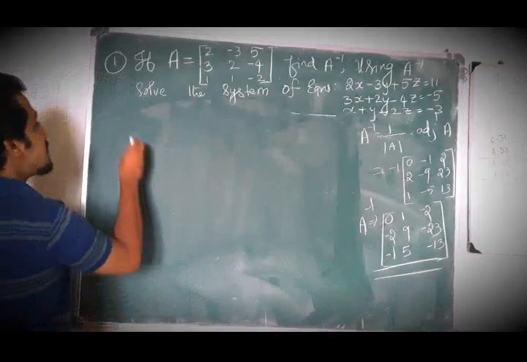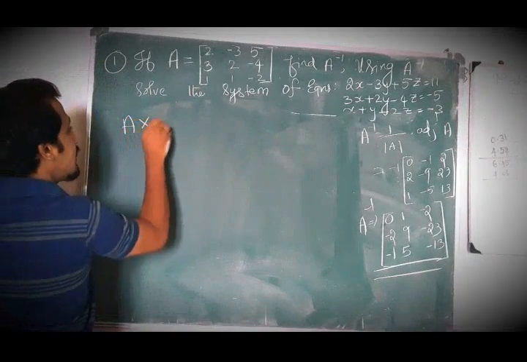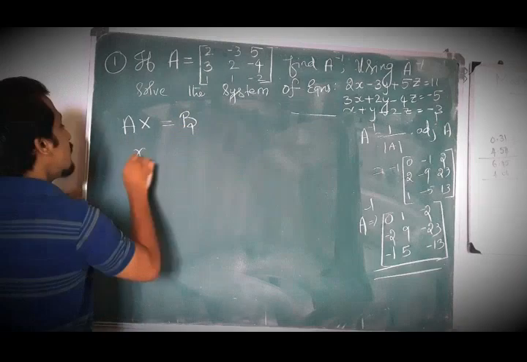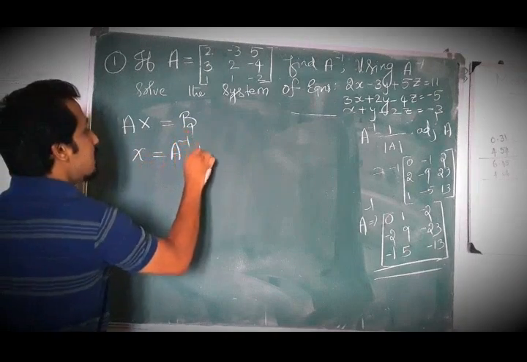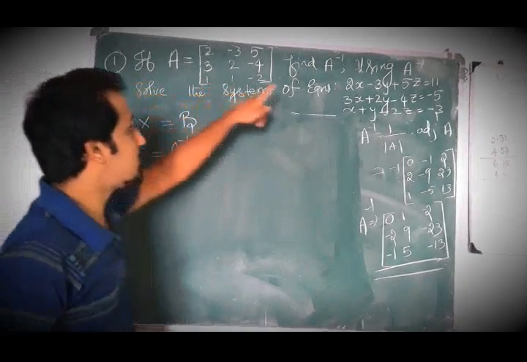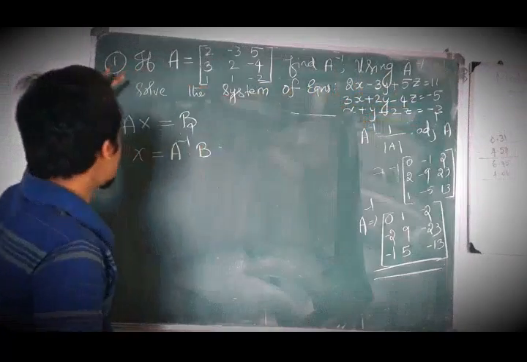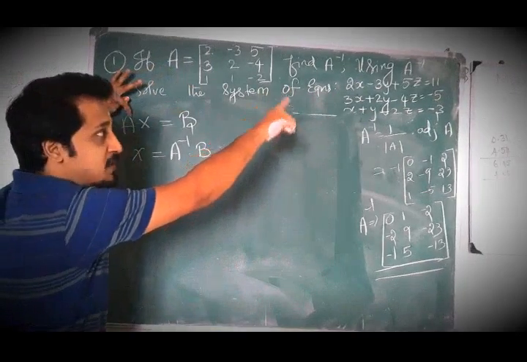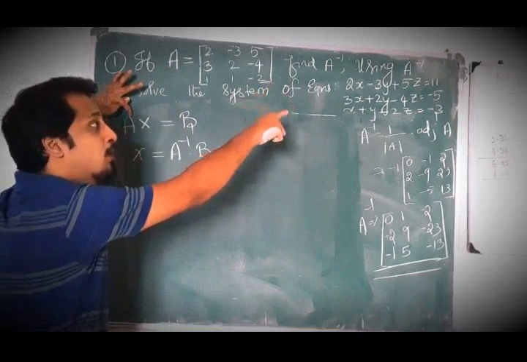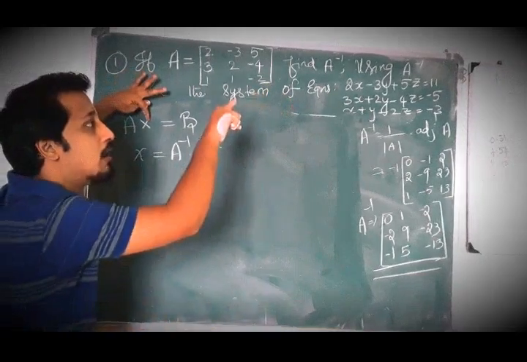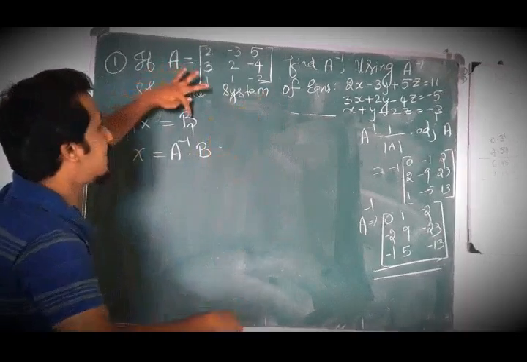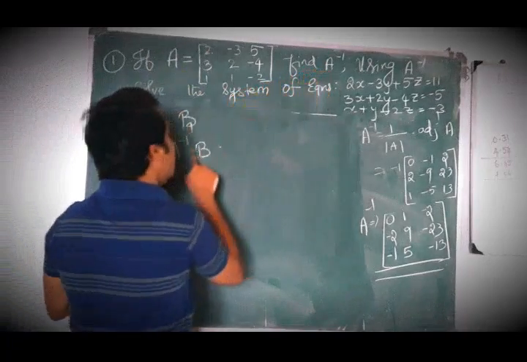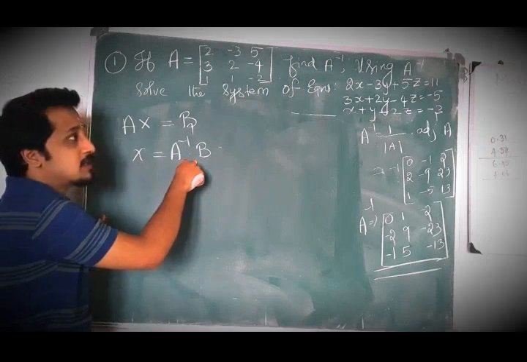The system can be written as Ax is equal to b, where A is the coefficient matrix, x is the unknown variables x, y, z, and b is the right hand side of the equation. So x is equal to A inverse b.